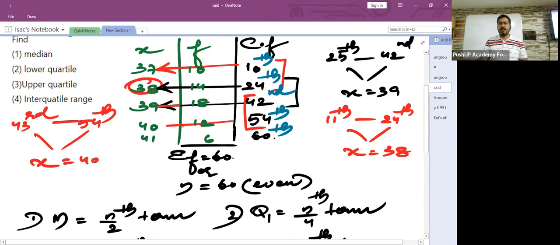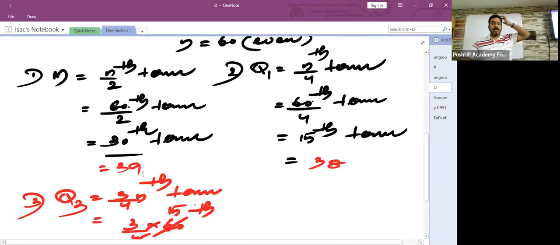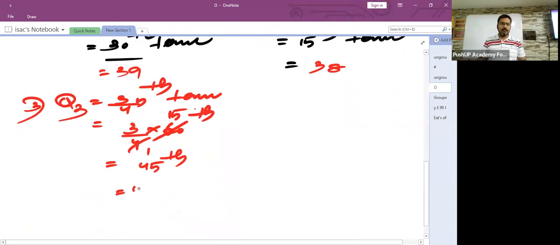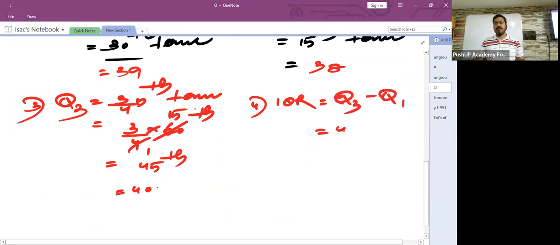So I'll write here 40. Done, children. IQR, the interquartile range, should be Q3 minus Q1. Q3 is 40 minus 38, which is equal to 2. Very good.